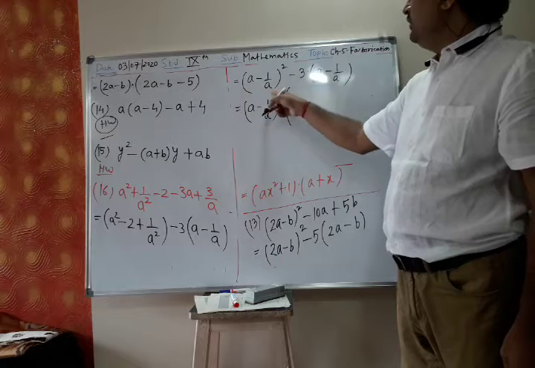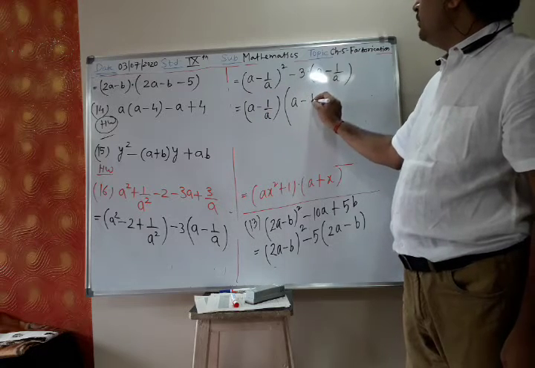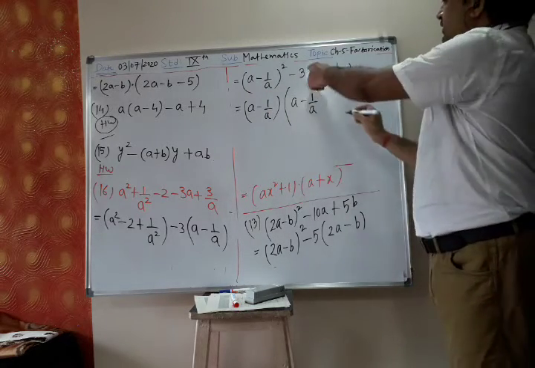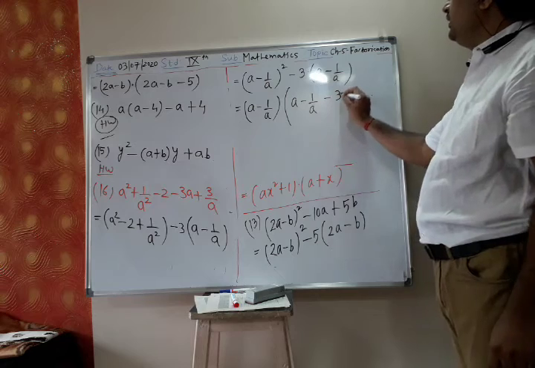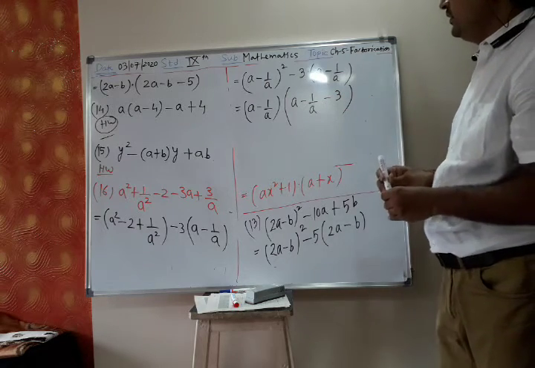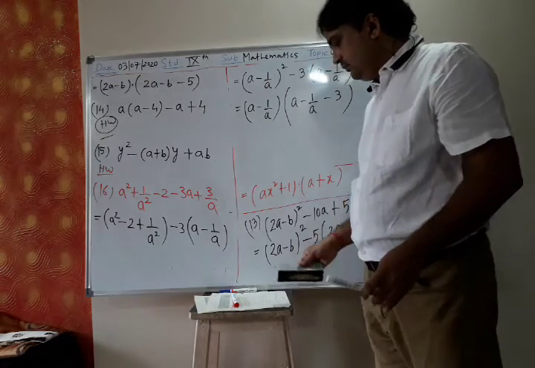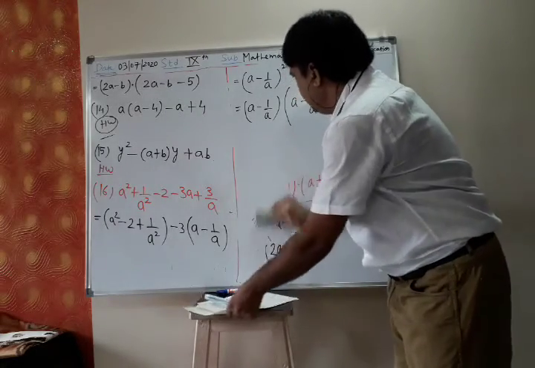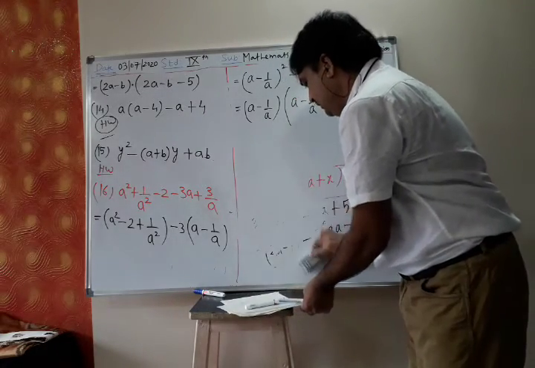Then in the first it will be a minus 1 upon a, then in the second what is left is minus 3. And this is the answer.